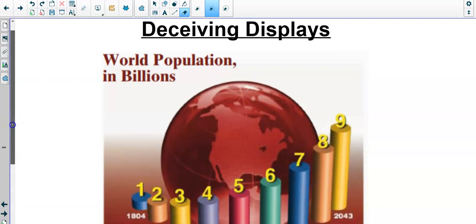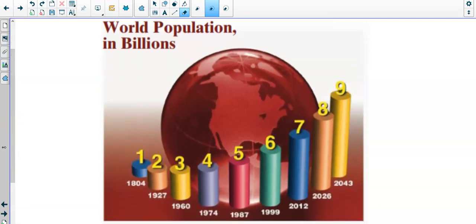So look at this guy. The world population in billions. If you look at this, it looks like a bar graph because my bars are not touching. But what's deceiving about this? Many of you will be like, well, this isn't deceiving, Mr. Armstrong.